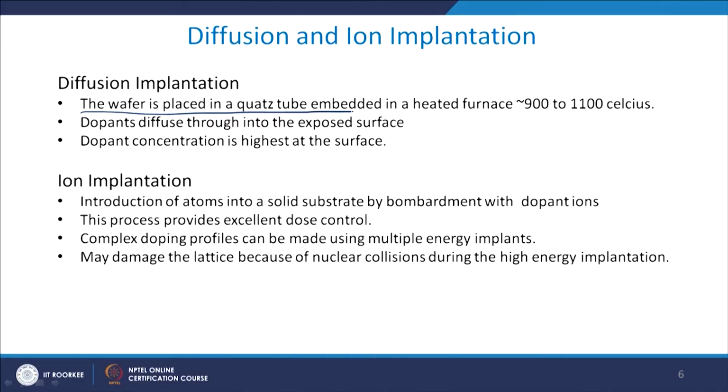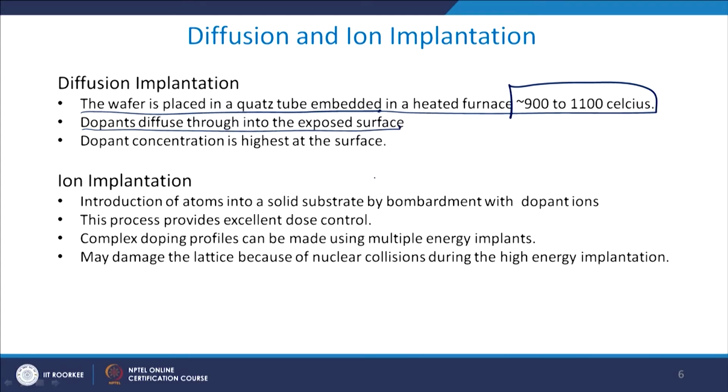So, as I discussed with you, typically the wafer is placed in a quartz tube because it is quite pure and you do not have any reaction from the quartz, and it is heated in a furnace at 900 to 1000 degrees centigrade. When you heat it, it becomes more reactive in nature, right, and therefore you allow the dopant species to diffuse through the exposed surface.